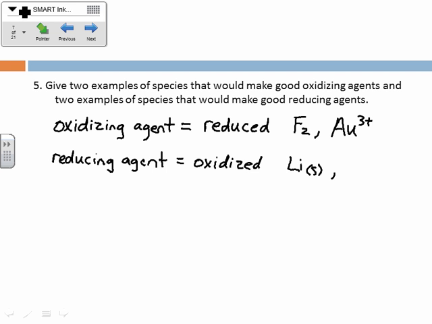So solid lithium would be a good reducing agent. What else? Yeah, potassium would be fine. The next one on the list, cesium, whichever one of those you want to use. Solid potassium is also, really any of the alkali metals are going to be great reducing agents because they have such a strong tendency to be oxidized or lose electrons, okay?